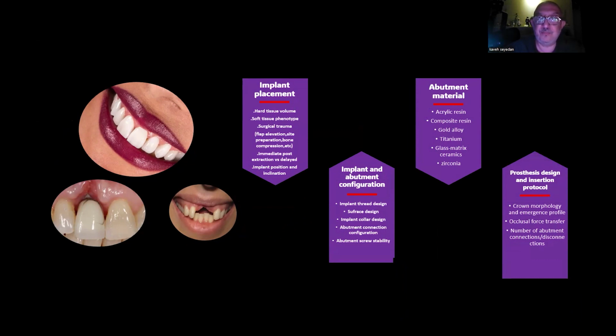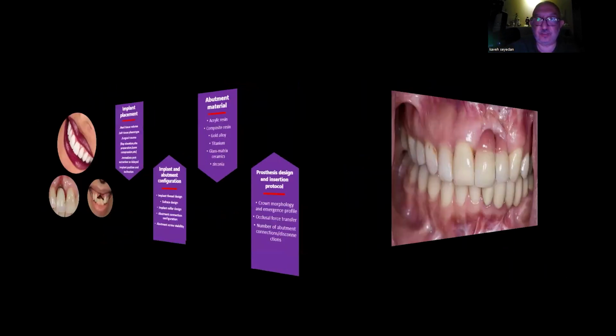So I just have 1 hour and I will skip most of these factors and sub-factors, and I will just point to very important factors and sub-factors in determining the aesthetic in anterior implant restorations.